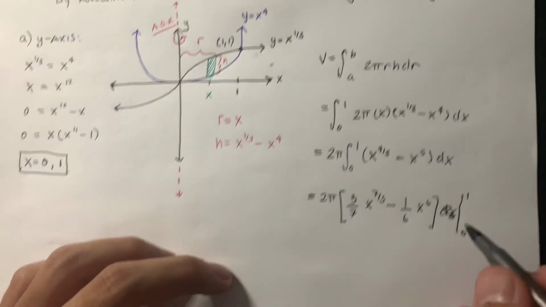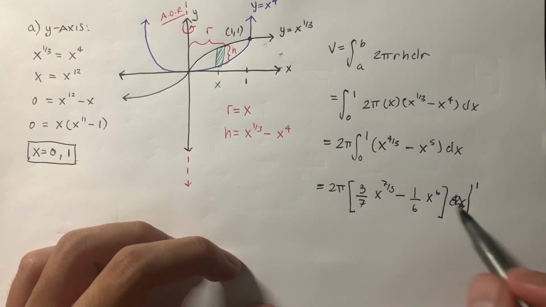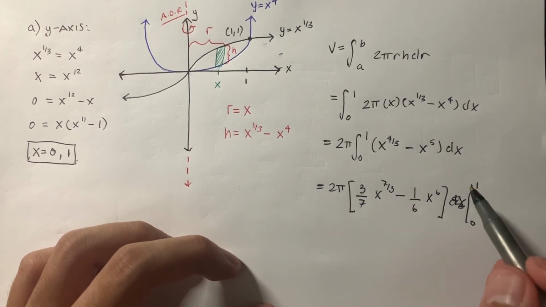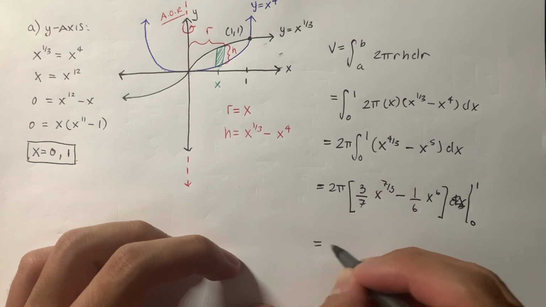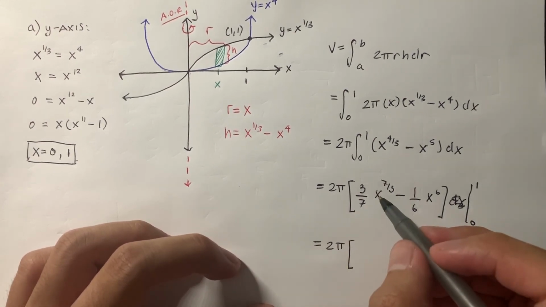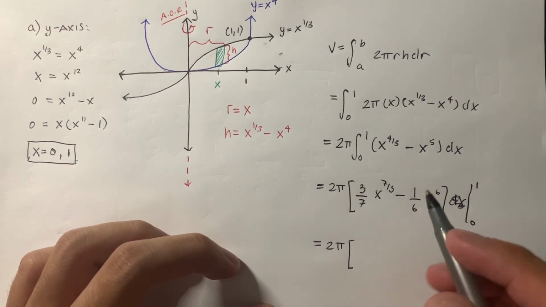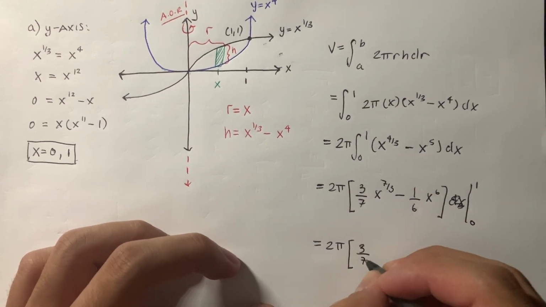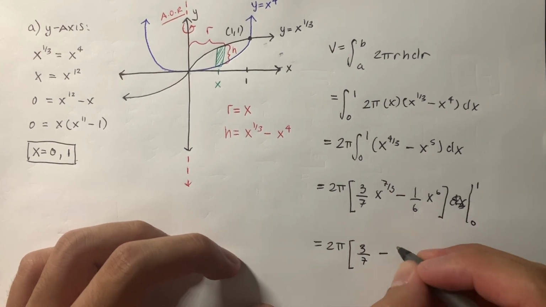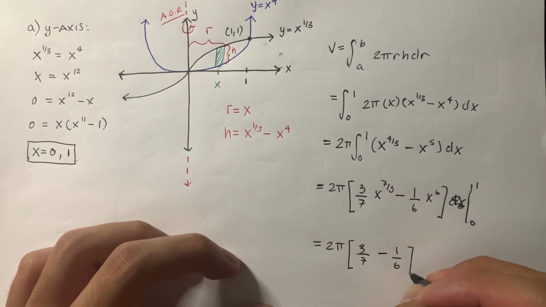So we're going to evaluate our bounds. If we plug in 0, we can already identify that everything is multiplied by 0, so it'll cancel everything out. So we just evaluate the 1 in there. It becomes 2 pi times, 1 to the 7/3 power is still 1, so it just becomes 3/7. And 1 to the 6th power is still 1, so it becomes minus 1 over 6.